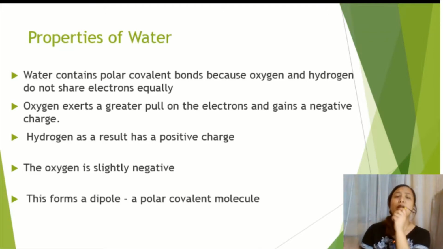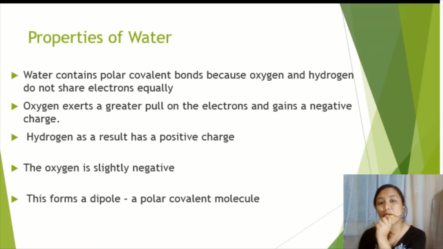Here, you have to remember that the hydrogen in your H2O has a positive charge, and the oxygen is electronegative and is more negative in the structure. So it forms a dipole. When we talk about dipole, di here means two.